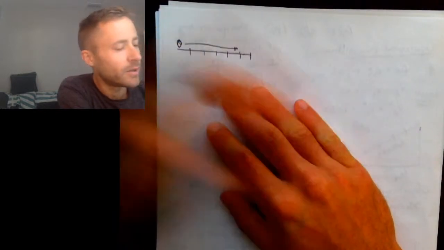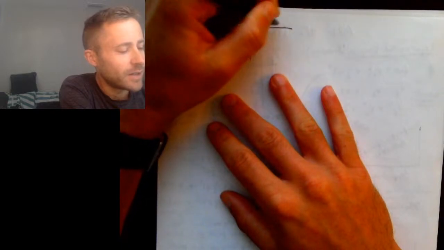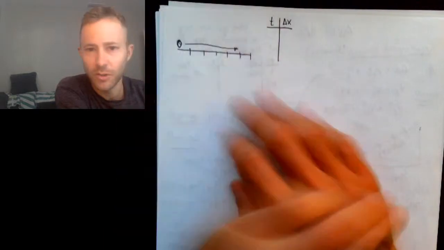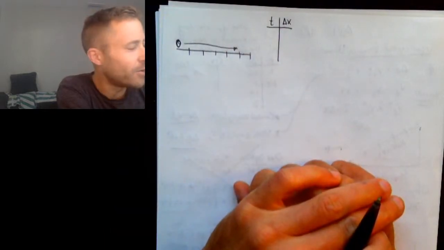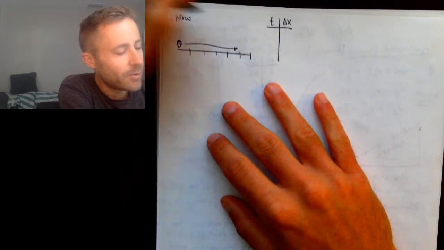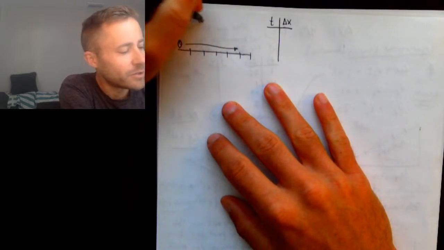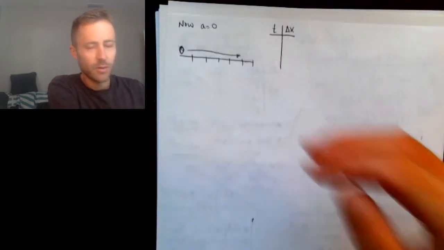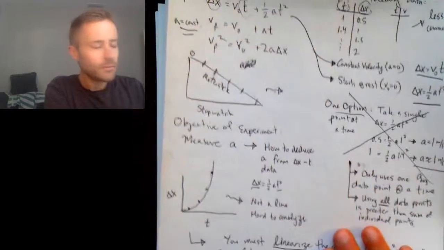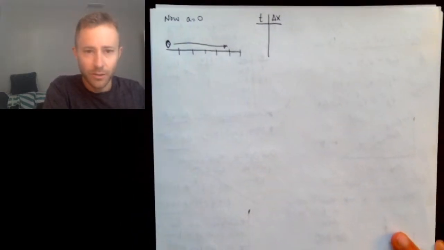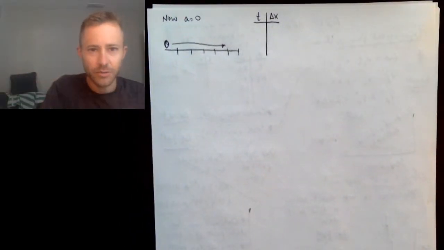And I get a data table of displacement versus time, just like before. But now acceleration is equal to 0 because it's just a flat surface. Here it was a ramp, so I knew it was going to be accelerating. But now it's a flat surface, so it's just going to roll at a constant velocity, neglecting friction.